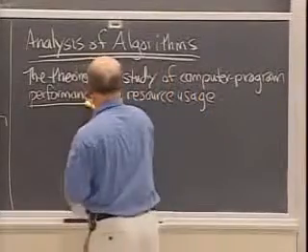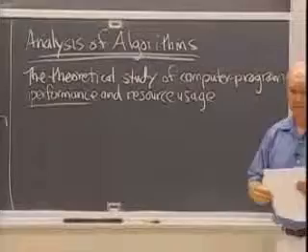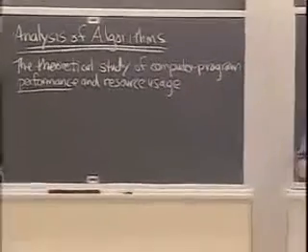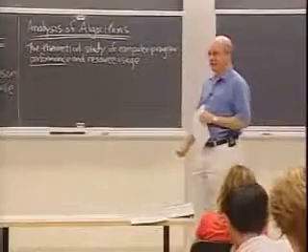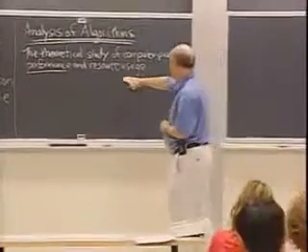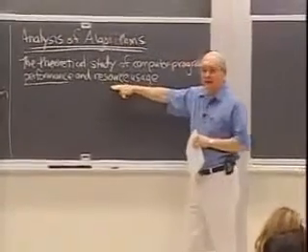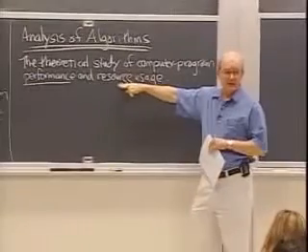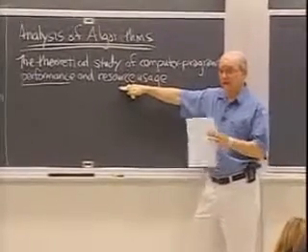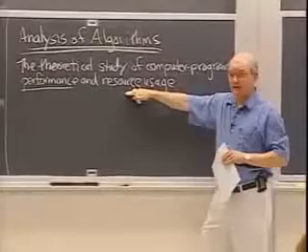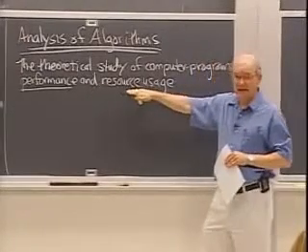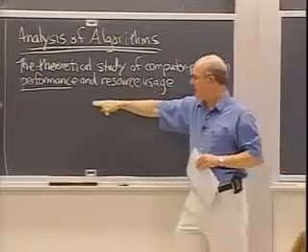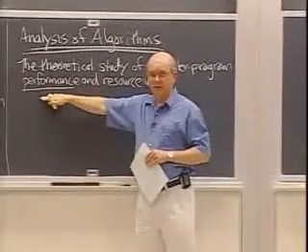And in particular, it focuses on performance. We're studying how to make things fast, in particular, computer programs. We also will talk about other resources, such as communication, such as memory, whether RAM memory or disk memory. So there are other resources that we may care about, but predominantly we focus on performance.